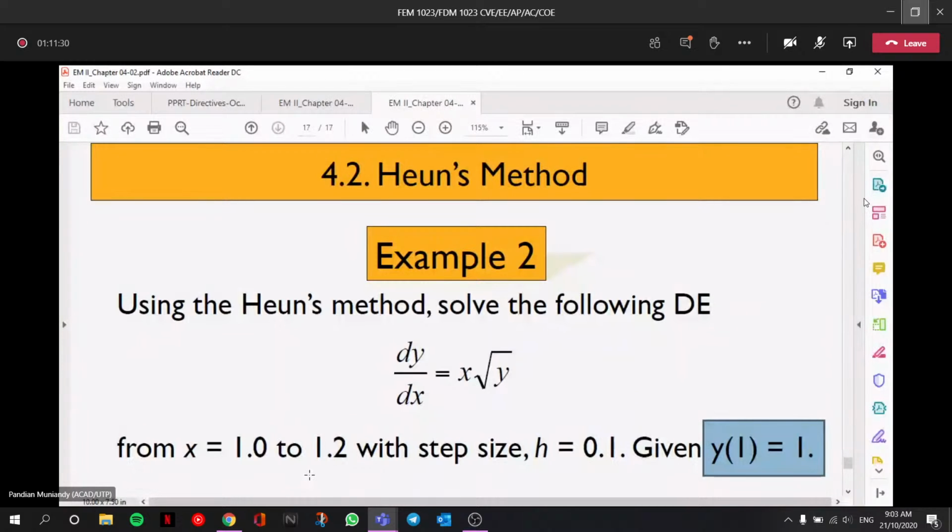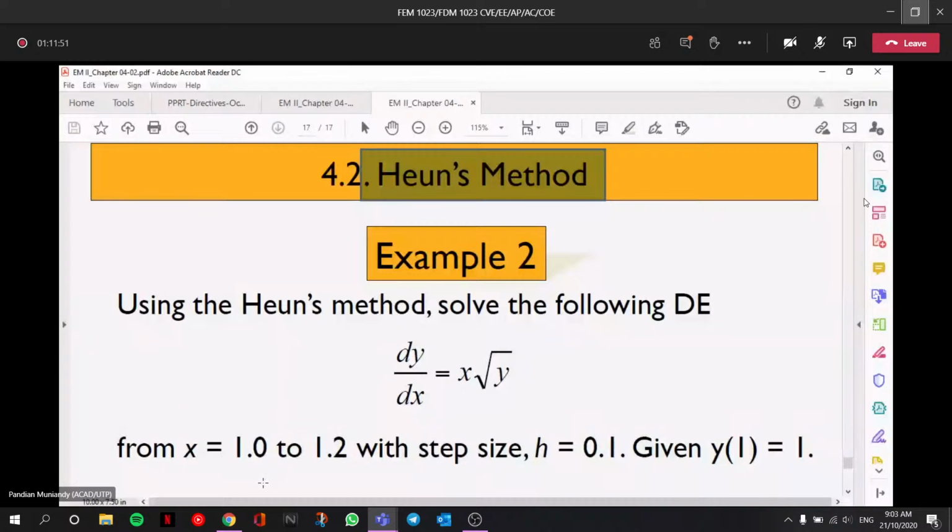We do not know. We want to find it. How to find it? Must use Young's method, or Euler's method, or any other method. When x is 1.1, what is your y? We don't know yet.